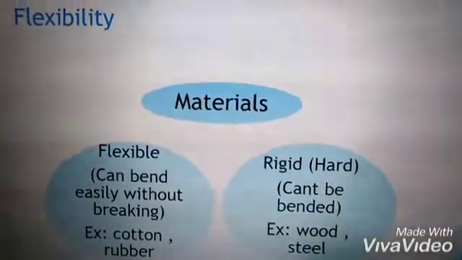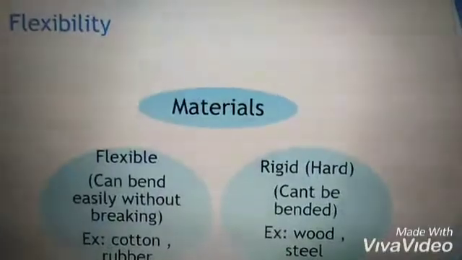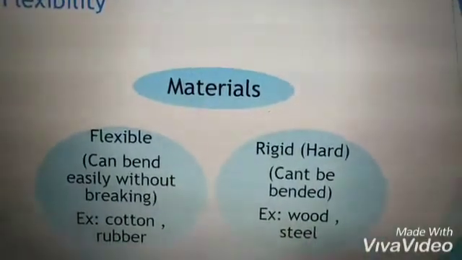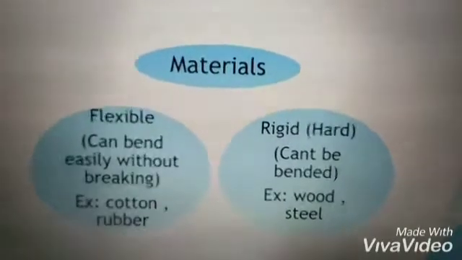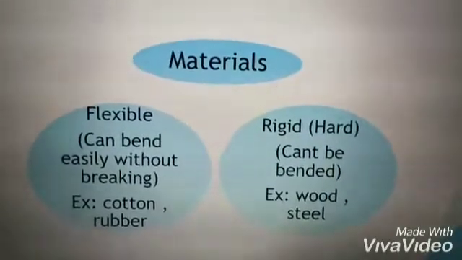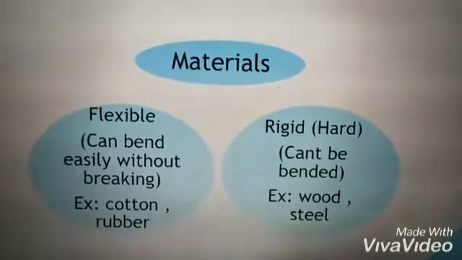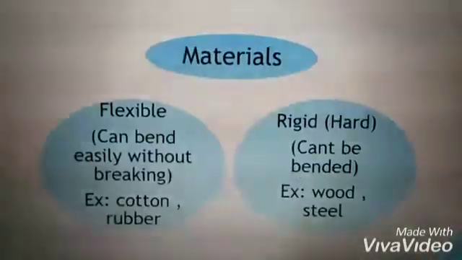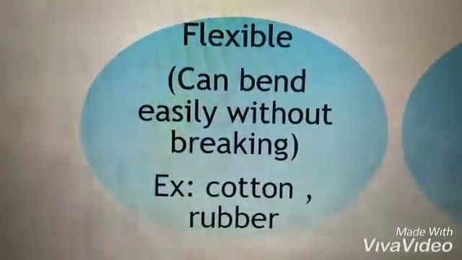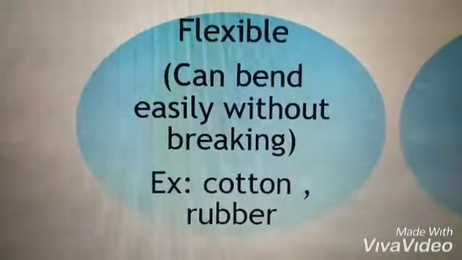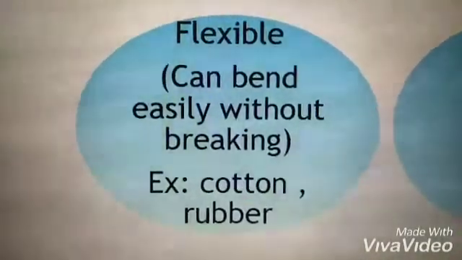The last property that we will talk about today is flexibility. You can see that according to the flexibility property, materials can be divided into flexible materials and rigid or hard materials. When we say flexible materials, this means that the material can be bent easily without breaking.